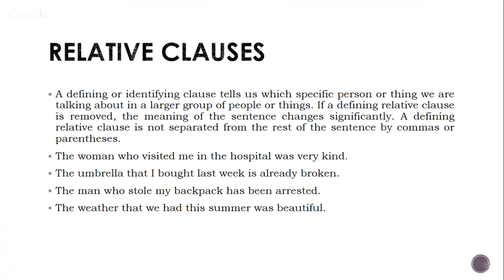If a defining relative clause is removed, the meaning of the sentence changes significantly. A defining relative clause is not separated from the rest of the sentence by commas or parentheses.